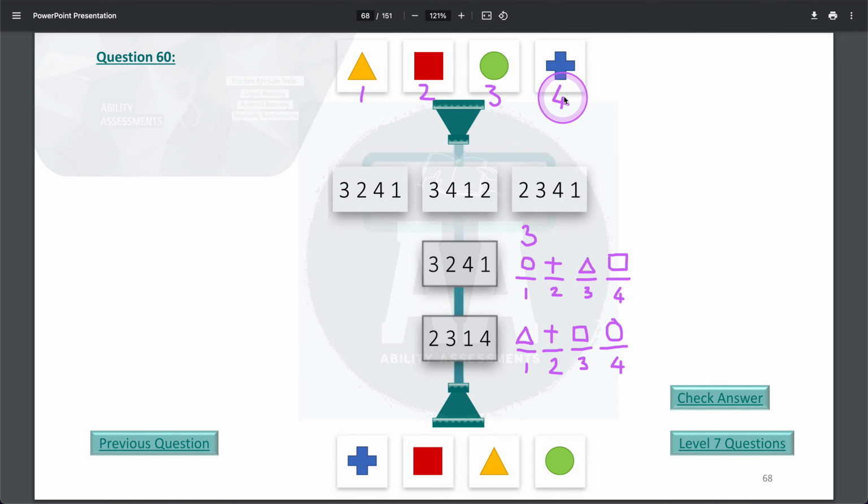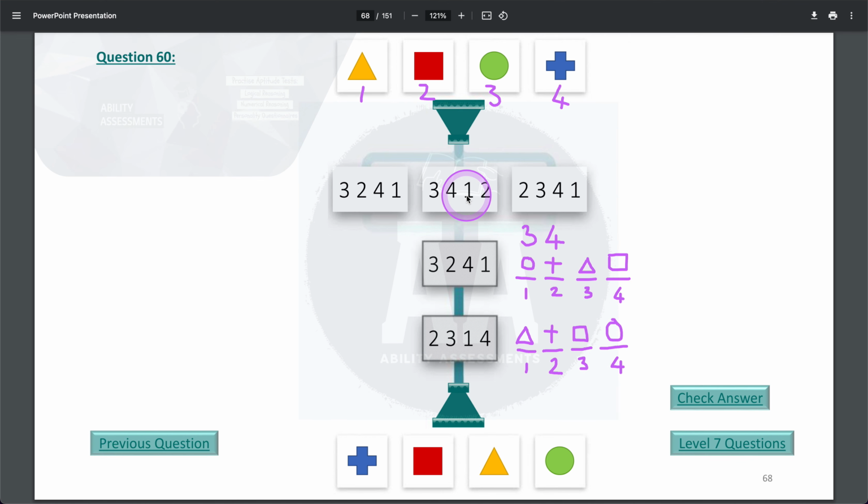It's in position number 4. So it's 3, 4, and just by doing that, we already have our answer. We only had these two options because of the 3, and now, because of the 4, we can eliminate this one, or confirm that this is the only one that has a 3 in the beginning and a 4 in second position. So this will be our answer.